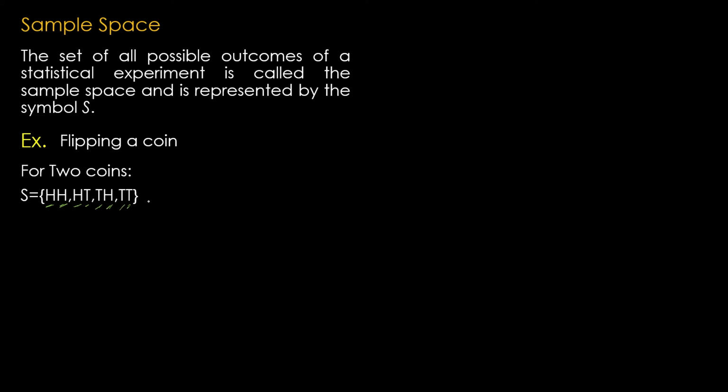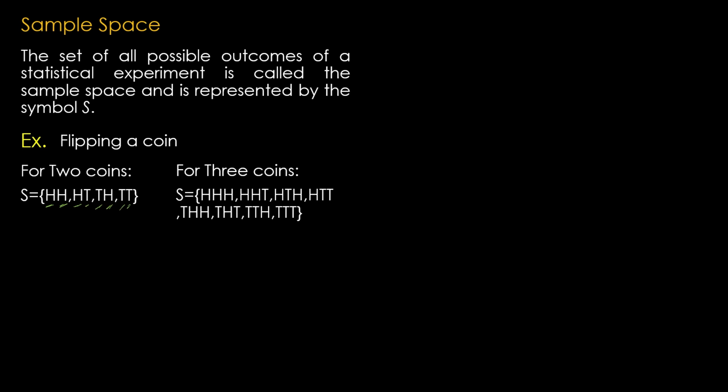Those are the possibilities if you flip a coin two times, or if you flip two coins. How about if you flip three coins, or flip a coin three times?